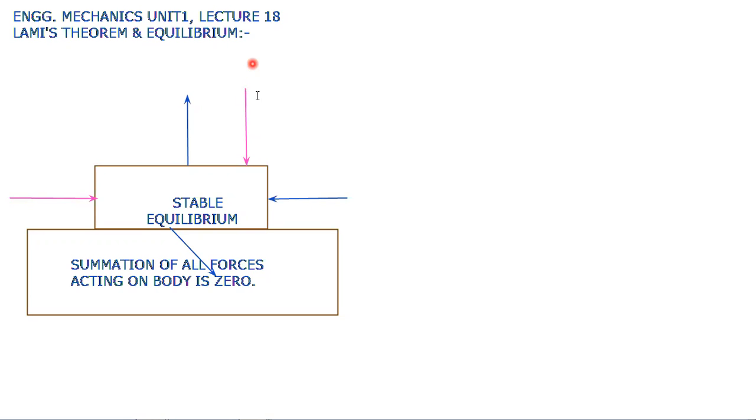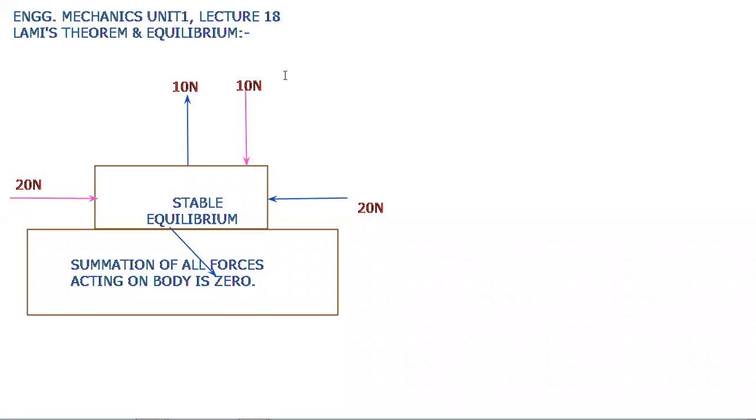Now let's also assume its magnitude. Suppose that this is having 10 Newton magnitude and this is also having 10 Newton magnitude. And this horizontal force is having 20 Newton magnitude, and this horizontal force is also having 20 Newton magnitude. These four forces are acting on this body.